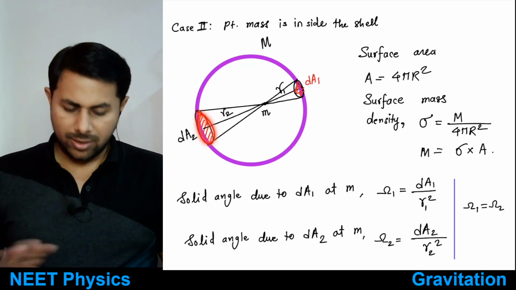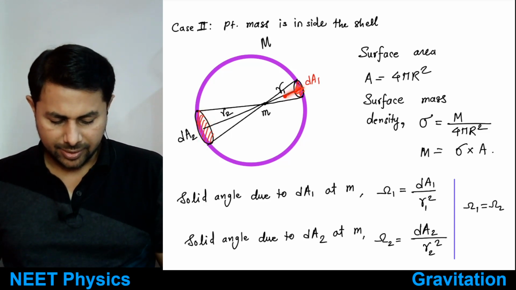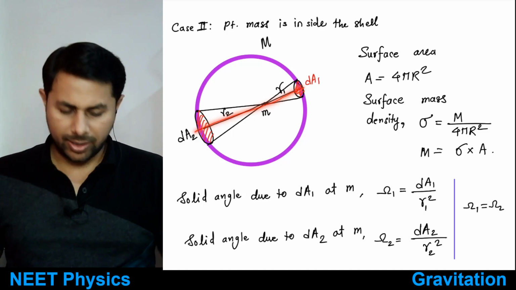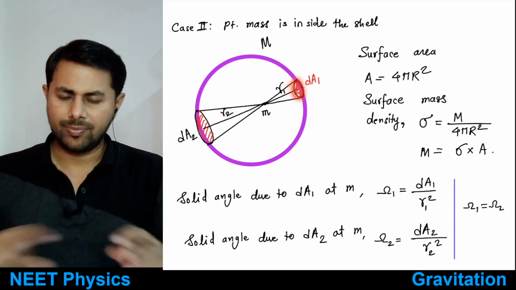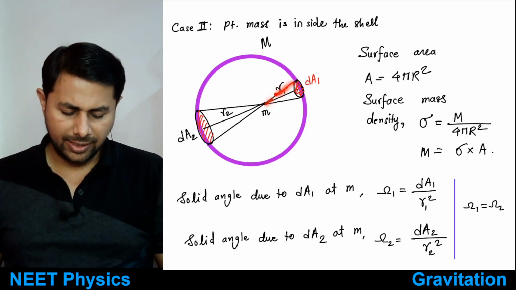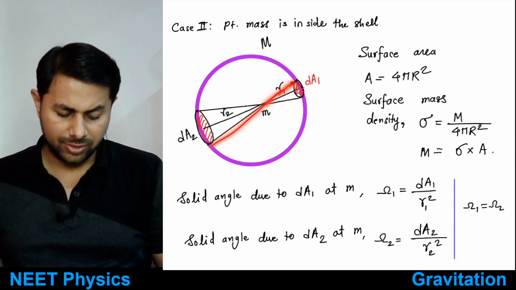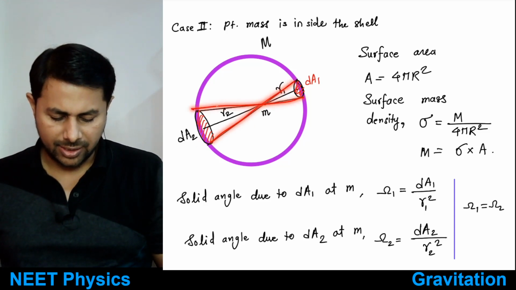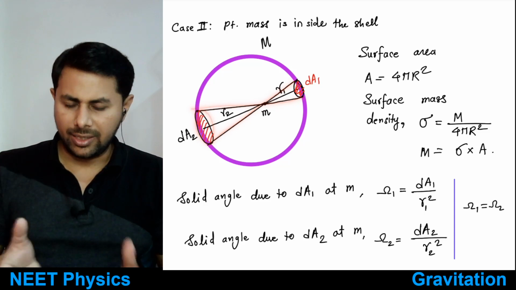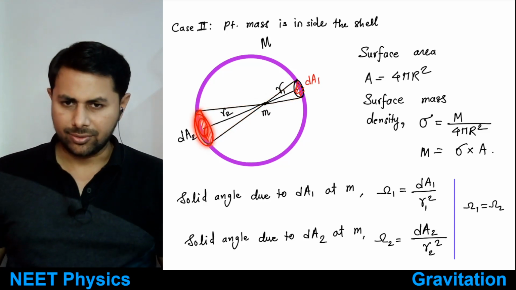Now just draw straight lines connecting each and every boundary point of this area with this mass and extend those lines to the other end. If you extend those lines to the other end, you will have this area. Let's call it dA2.